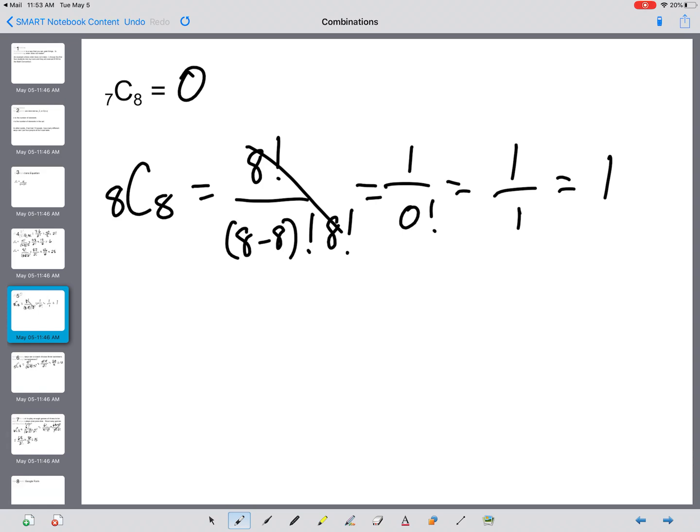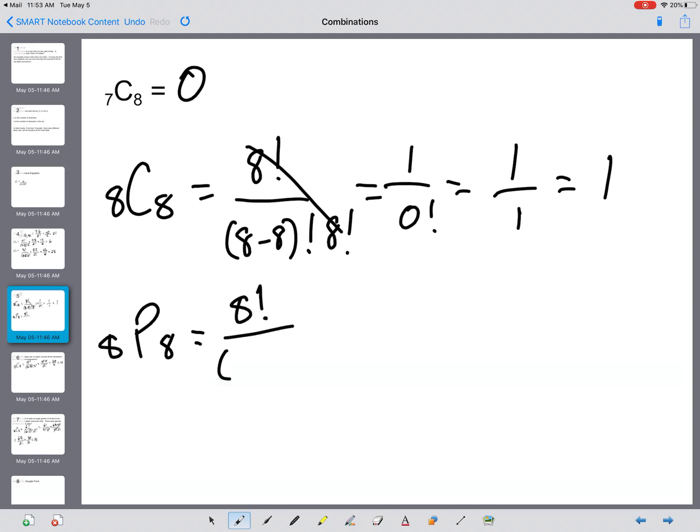Let's do this. Something I maybe should have talked about yesterday is 8 permutations 8. How many people think I should get 1? Well, this is different. Combination just says, hey, I want to choose 8 of my 8 friends to go with. Now, permutations is, hey, of my 8 friends, I want to decide who gets a first seat, who gets a second seat, who gets a third seat.